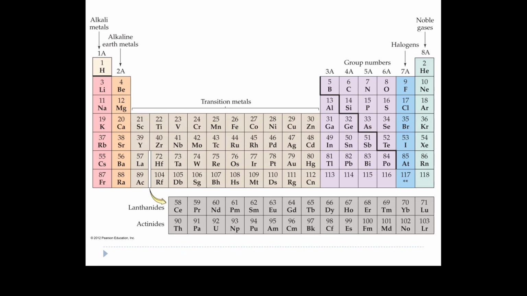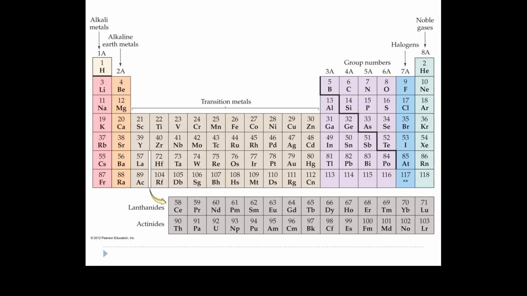All the way over on the far right-hand side of the periodic table, those are called the noble gases, and they are, by and large, inert. They don't do anything. They don't react with anything. If we try really, really hard, we can make them react, some of them, but left in their natural state, they're not going to react.